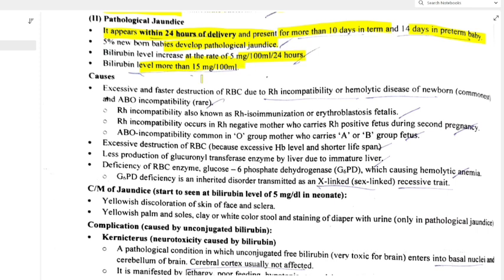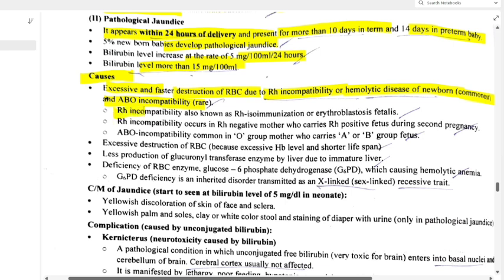Now coming to causes. What are the causes for pathological jaundice? See, excessive and faster destruction of RBC due to Rh incompatibility or hemolytic disease of newborn. This is the commonest reason. And ABO incompatibility, that is rare. ABO incompatibility is rare, but Rh incompatibility is commonest.